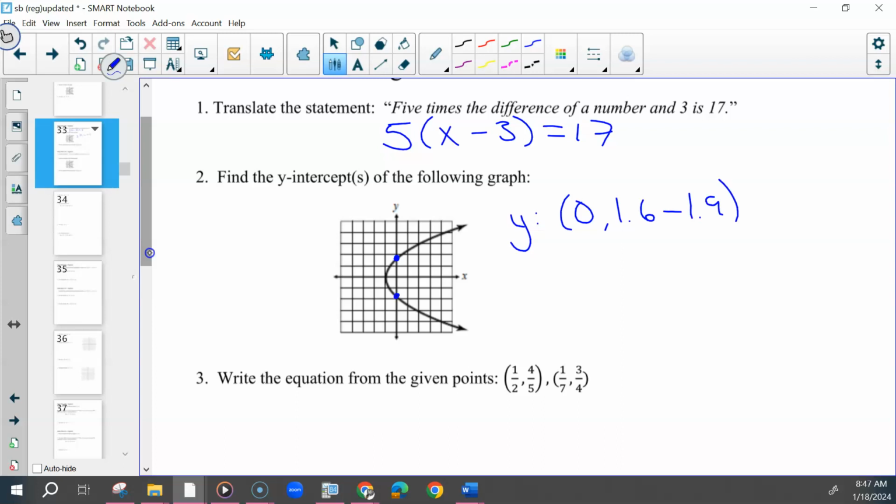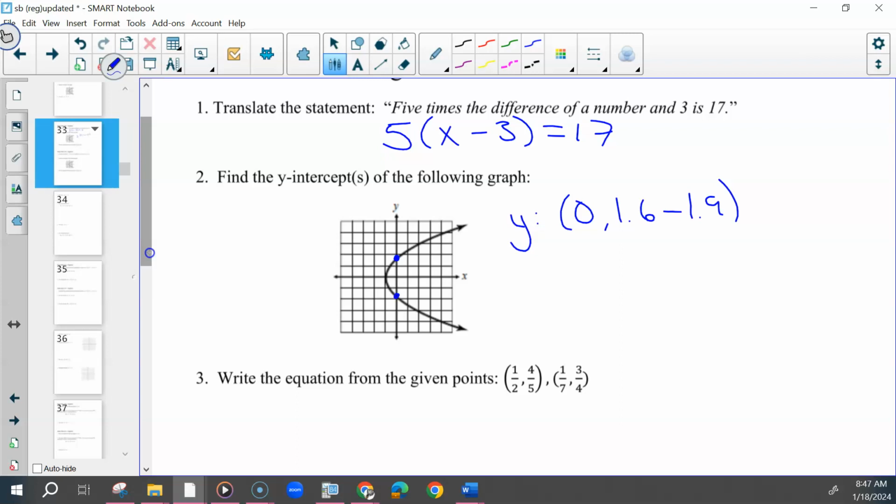You can pick a decimal: 1.6, 1.6 something, 1.7, 1.7 something, 1.8, or 1.9 something. 1.99 might be too much, or anything above 1.9 might be too much.